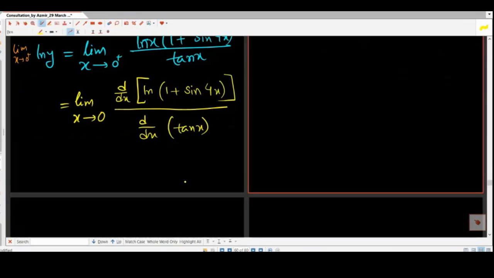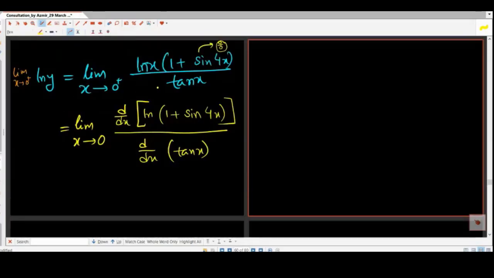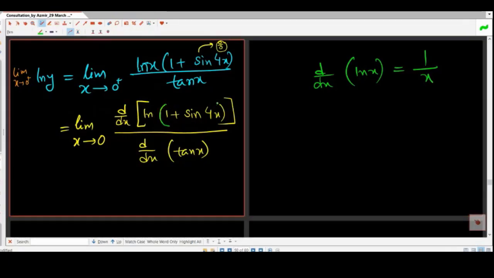So this time we have to apply the chain rule for the numerator part. So let's recall what the chain rule is. We know that d/dx of natural log of x is 1 over x. But here we have d/dx of natural log of something.